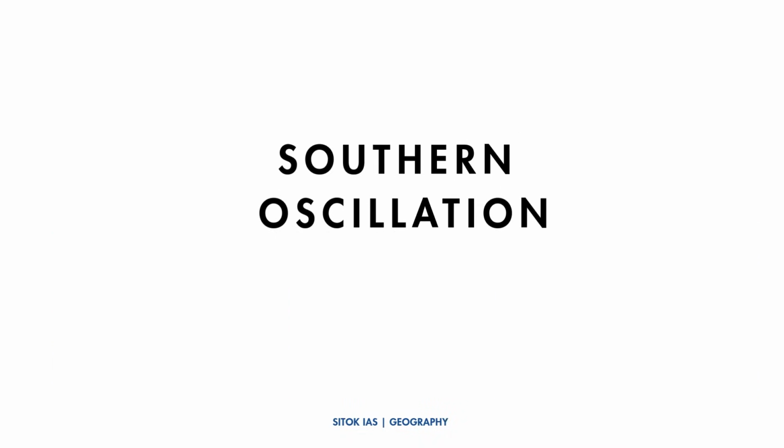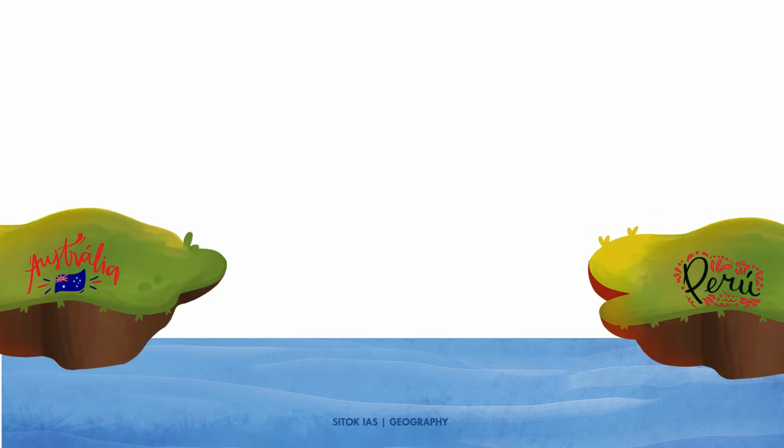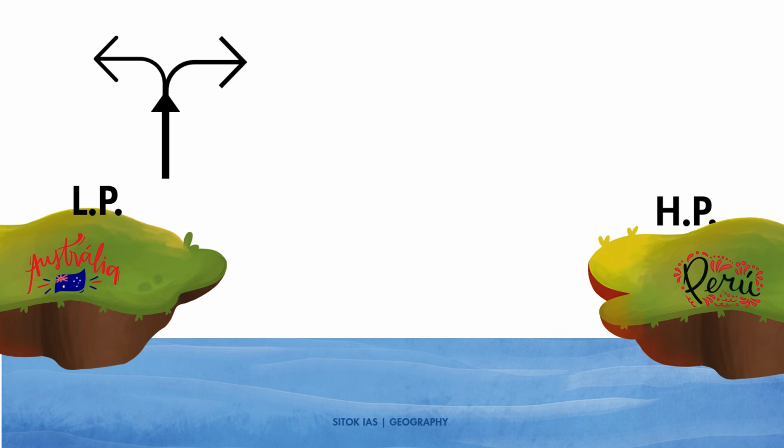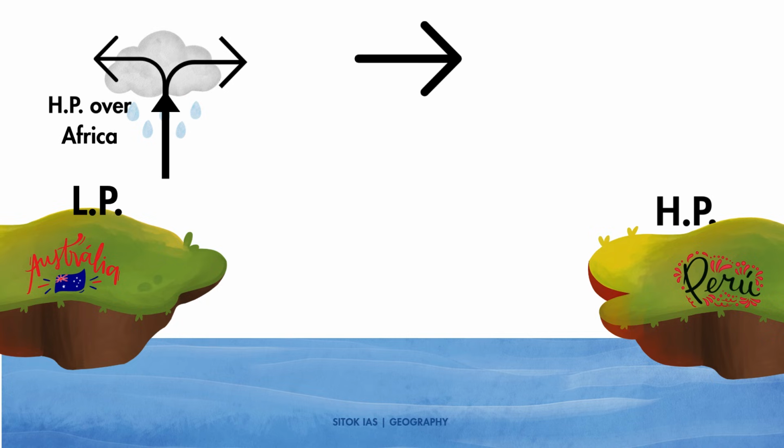Now, let's get to the Southern Oscillation. You have seen what oscillation was. In a normal scenario, there is low pressure over Australia, as we saw, and high pressure over Peru region of South America. Winds rise in Australia. Some amount of rain happens. One branch of this wind flows over a high pressure region over Africa, close to Madagascar.